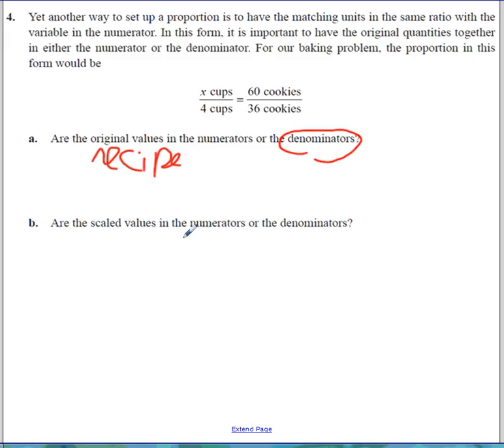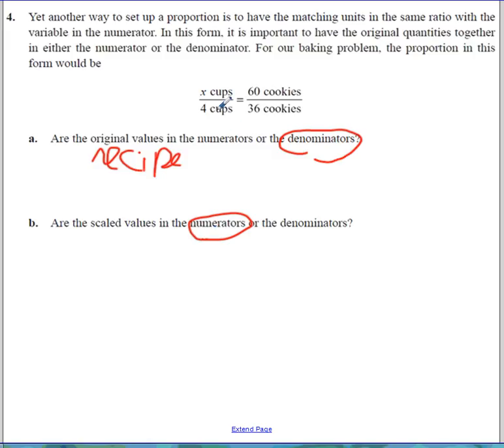And so the scaled versions, the doubling, tripling, whatever it would be to make it bigger, would be in the numerator. In this case, we are multiplying the recipe, not quite doubling, because 4 times 2 would be 8, and we only are using 6 and 2/3. But we're still scaling it up. And even if we did it this way, are we going to get the same solution as long as we're consistent?